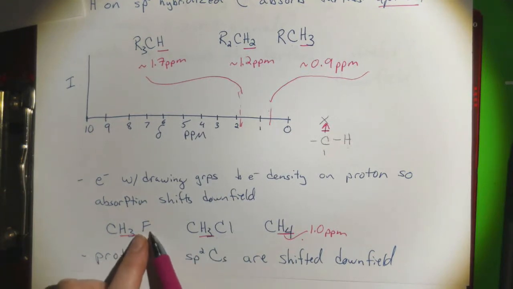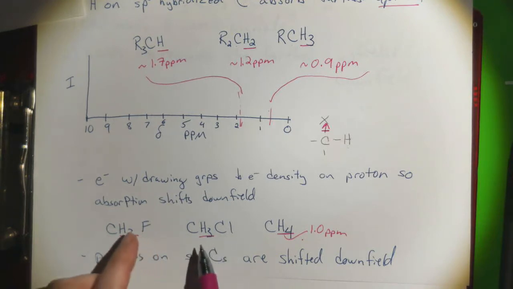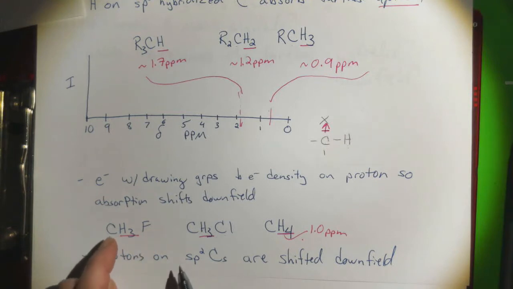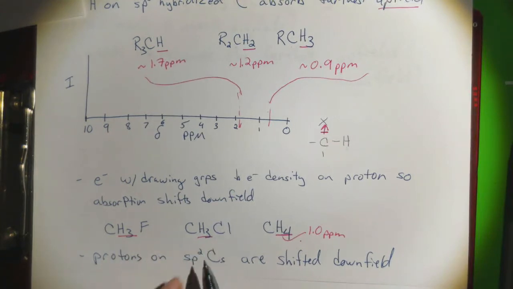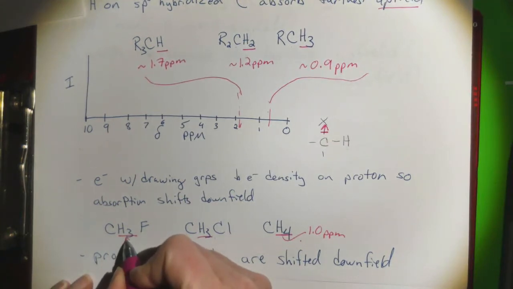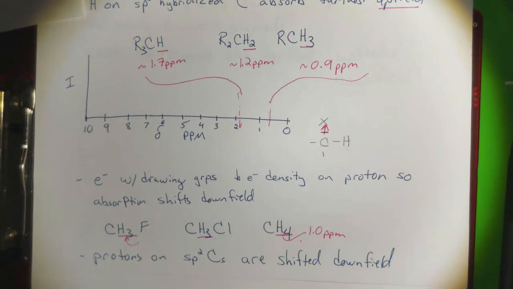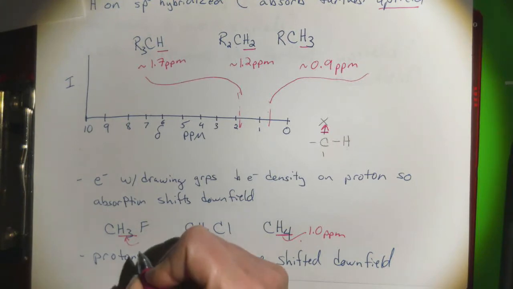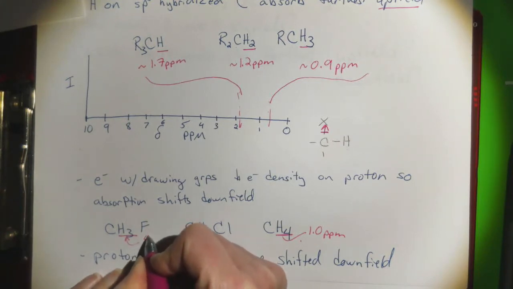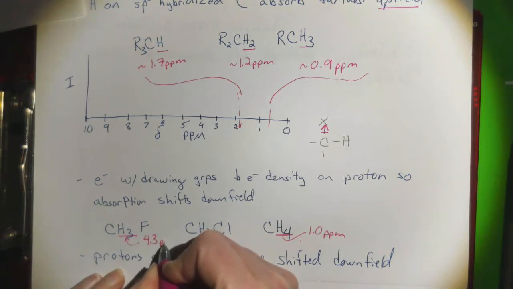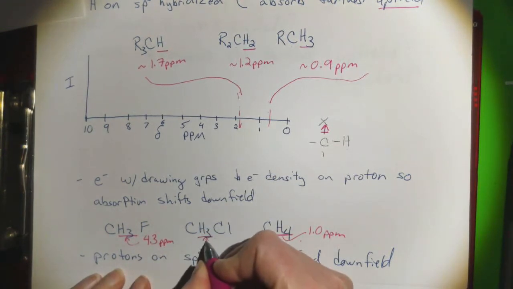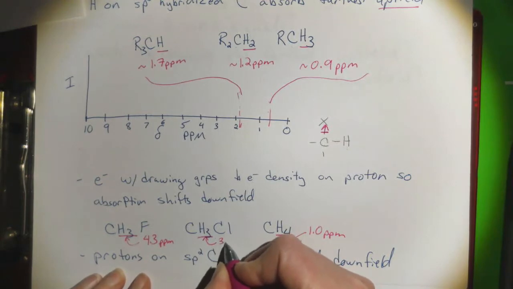Fluorine is the most electronegative atom, and so we expect it to withdraw more electron density from these protons. We expect this to be the farthest downfield. In fact, if you look at the proton NMR spectrum for each of these, this absorption is at 4.3 ppm, and this one is at 3.1 ppm.